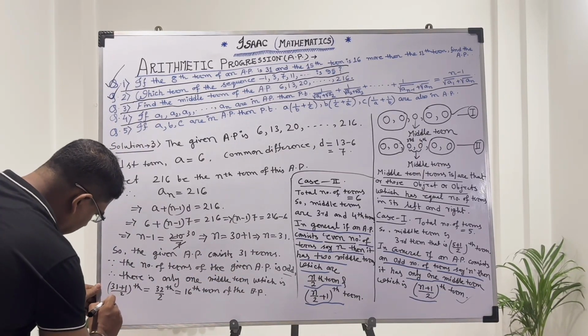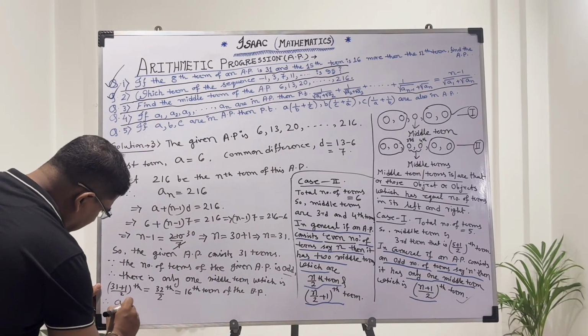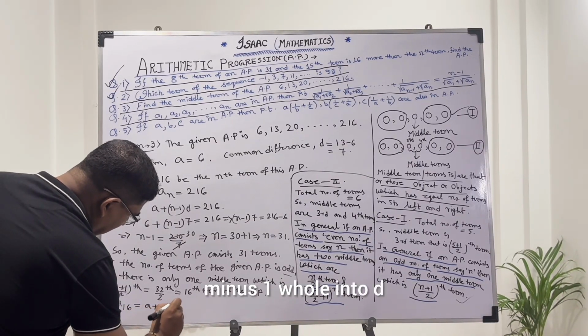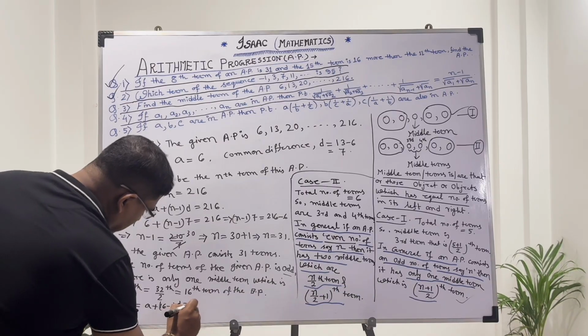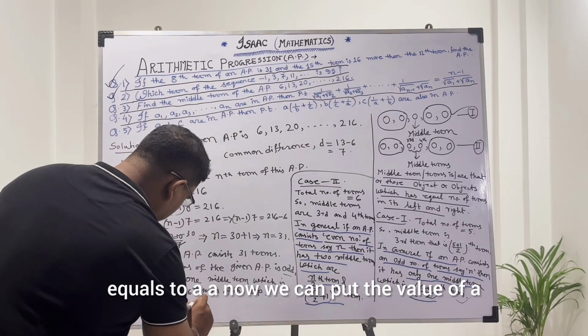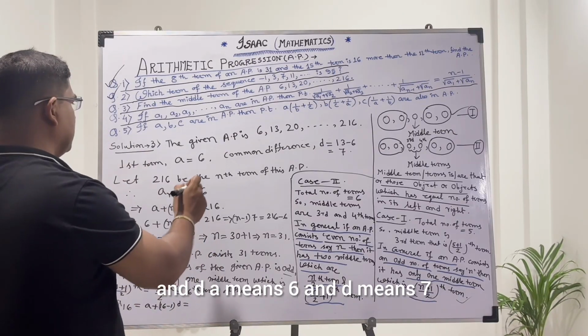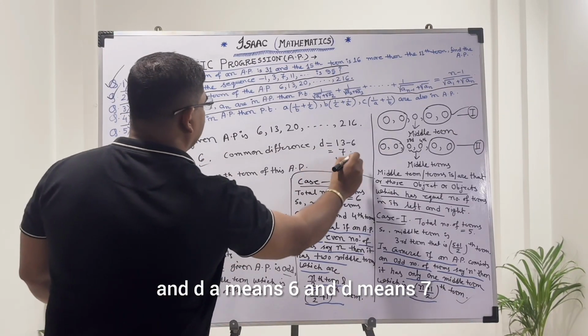So therefore a16 equals a plus (16 minus 1) whole into d. Now we can put the value of a and d. a means 6 and d means 7.